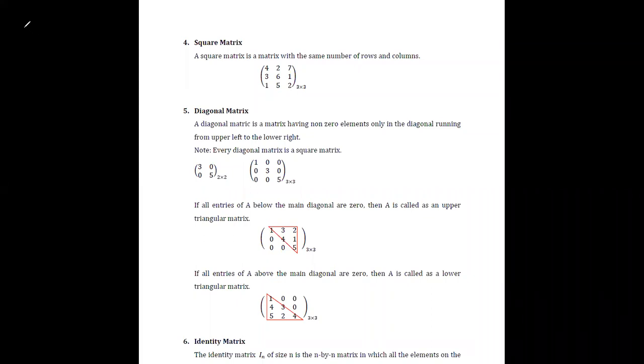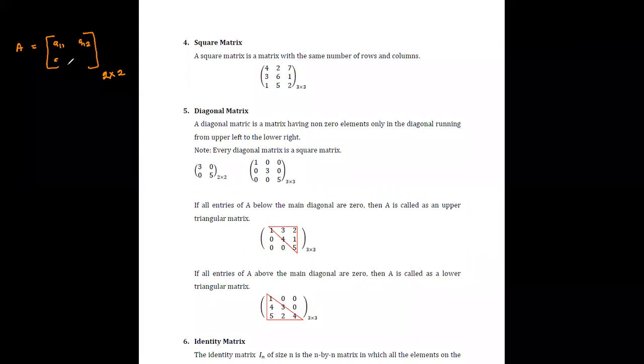As an example, to see what is actually meant by a diagonal matrix, let this be a 2 by 2 matrix having the elements A11, A12, A21, and A22. These are the elements that we can see here.